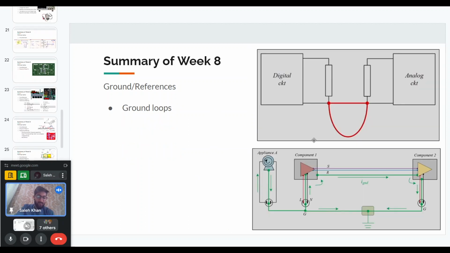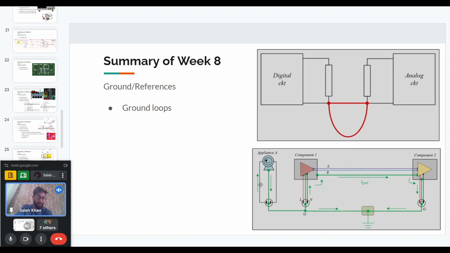And so when you are connecting or routing these grounds in your PCB, you have to follow some rules. You have to make sure that ground loops are not formed. These ground loops will create interference from one circuit to another, and they may also pick up some noise, and they may also provide paths for undesirable currents.